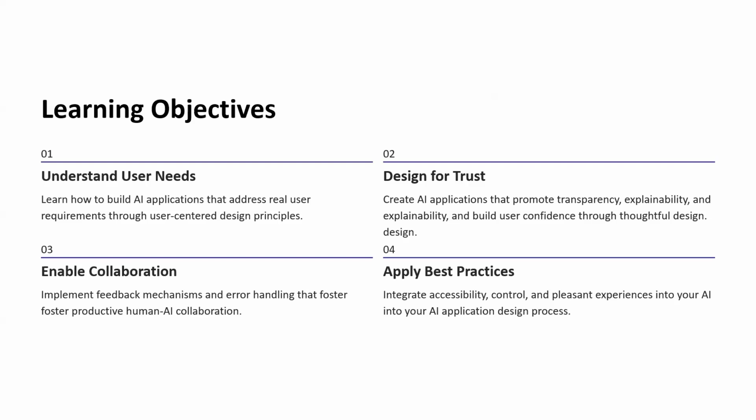We need to ensure that when we're designing our application it promotes transparency and explainability, which in return builds users' confidence, right? We need to enable collaboration, so implement fallback mechanisms and error handling, so that when our application can't answer a certain user's query, it doesn't just say, oh, I don't know, look on another platform.